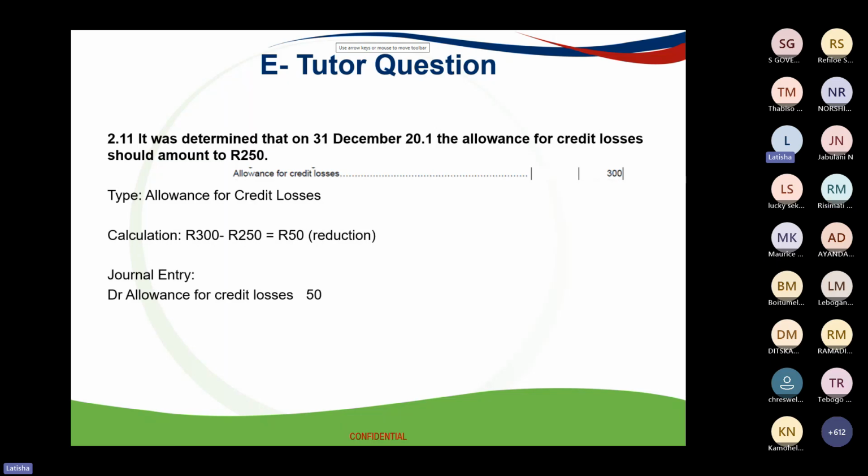So we would debit our allowance for credit losses of 50 and credit credit losses of 50. Because the amount that's currently recorded is too high, we need to reduce it. And that is why we debit the allowance for credit losses and credit credit losses. So this is an income for us, and this is reducing the allowance or the liability that is on the balance sheet.